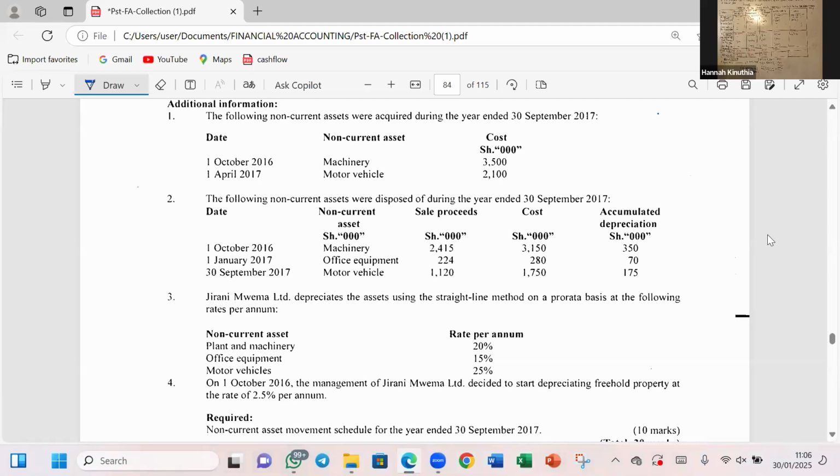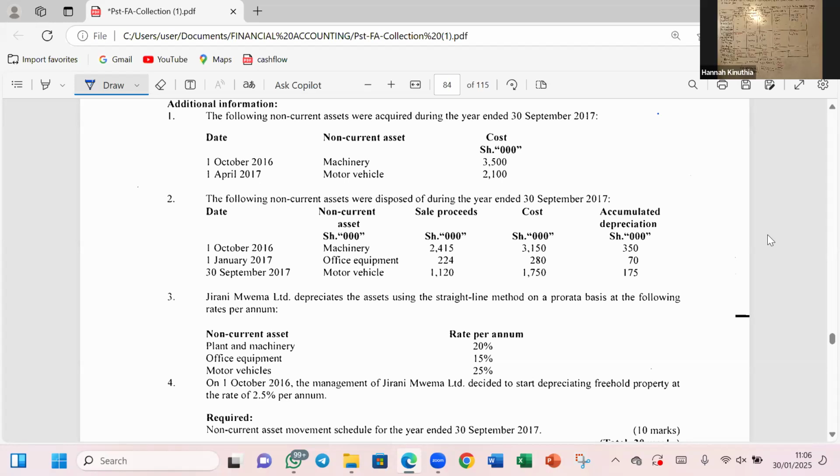On 1st October 2016, machinery, sales proceeds 2,415, at cost 150, accumulated depreciation 350. On 1st January 2017, office equipment, sales proceeds 224, cost 280, accumulated depreciation 70.